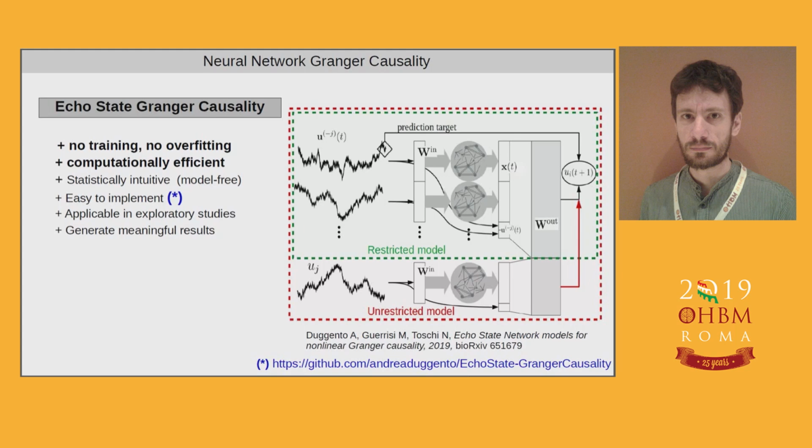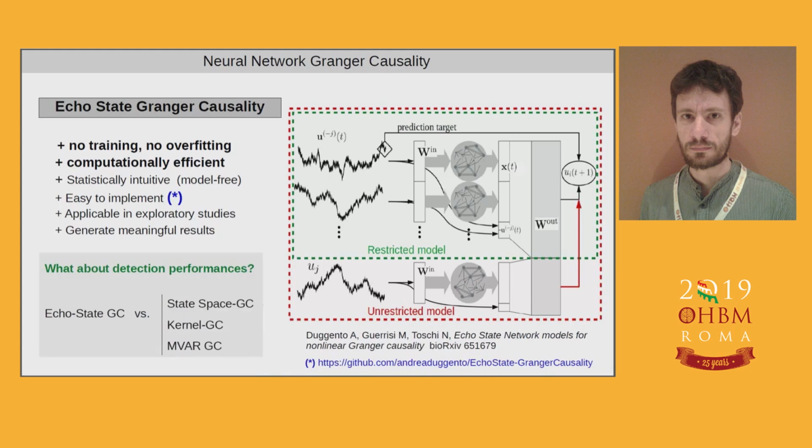But obviously, we want to compare the performance of these new tools with some very well-established tools, one of them is the state space Granger causality, another one is the kernel method Granger causality. To evaluate the performance, basically we have to generate our ground truth.